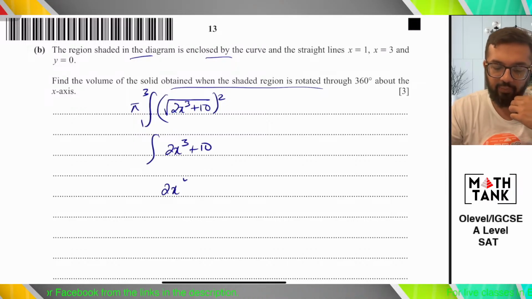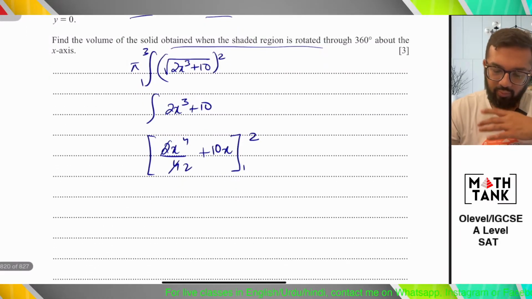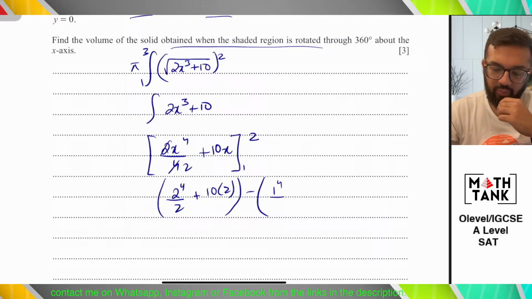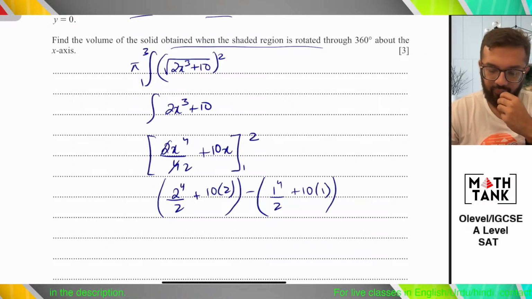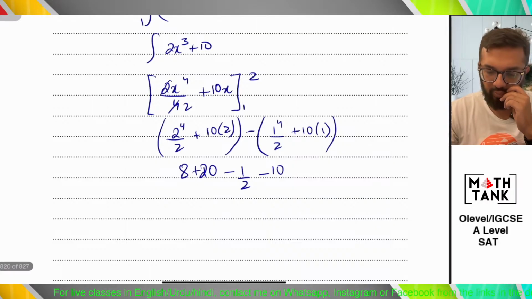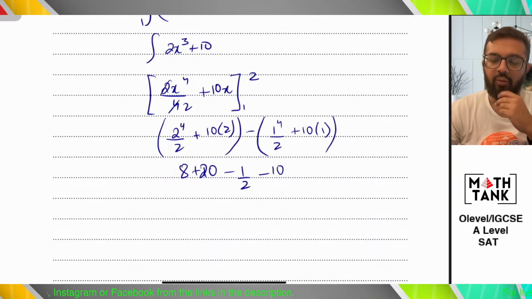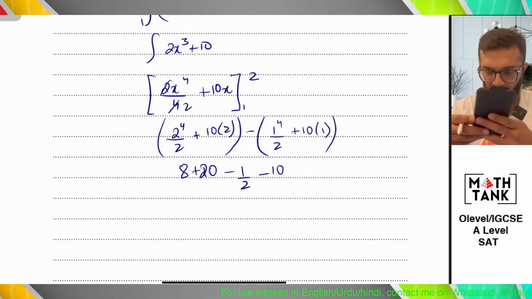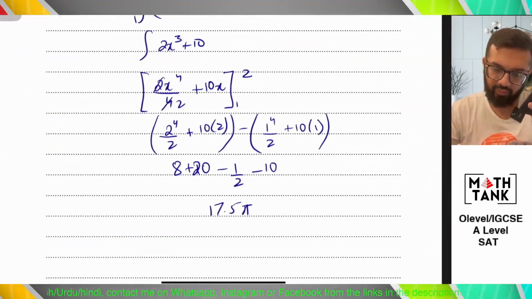And then you integrate that. 2x to the power 4 divided by 4 plus 10x. 8 plus 20. 17.5 pi. No, 60 pi.